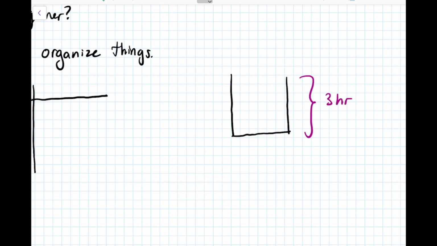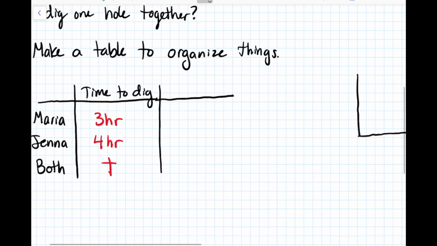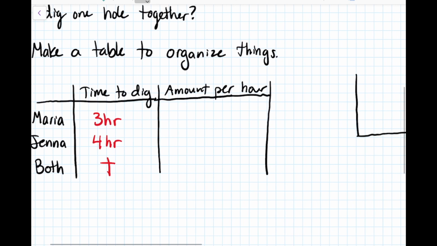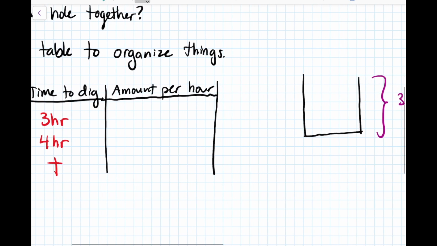For Jenna, it would take 4, but we're not going to worry about Jenna right now. She's too slow. So what might be useful is to ask ourselves, okay, how much can they do just in 1 hour? So that's going to be our third column. So we've got their names, we've got how long it takes them to dig, and then how much they can get through just in 1 hour.